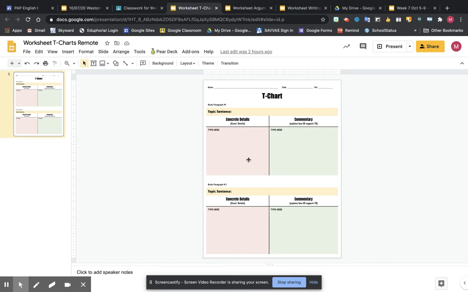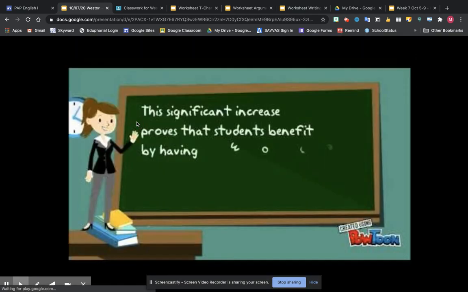You're either for or you're against starting school early, and you have your two reasons. So what I want you to do here is write your topic sentence for that first body paragraph, which is about the first reason you chose to prove that going to school later is good or going to school later is not any better. I'll show you what that looks like.